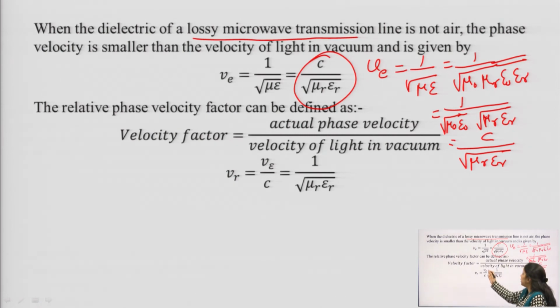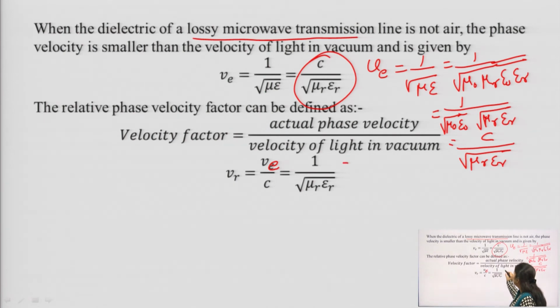So, first here we are calculating the velocity factor, which is equal to the actual phase velocity upon the velocity of light in vacuum, which is given by v upon c.